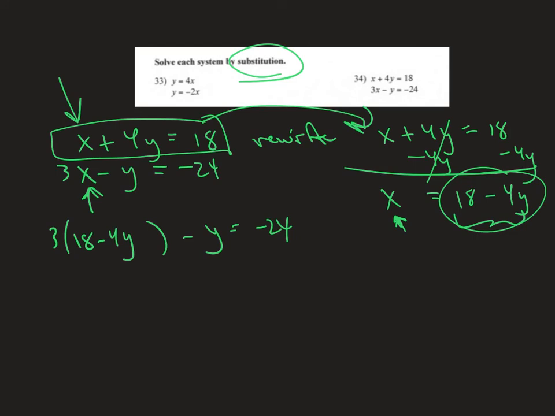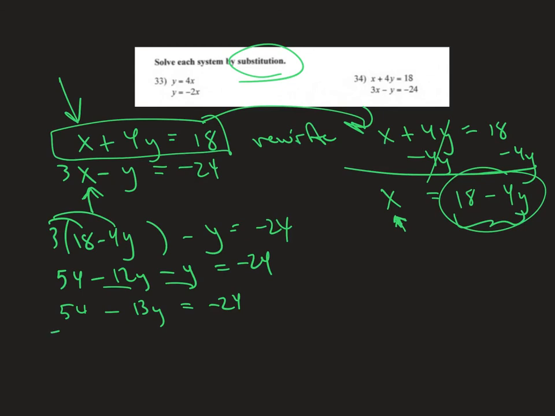Now I'm going to solve for y because this only has y in it. So 3 times 18 is 54, minus 3 times negative 4 is negative 12y, minus y equals negative 24. Now I'm going to combine like terms. So that's 54 minus 13y is equal to negative 24.